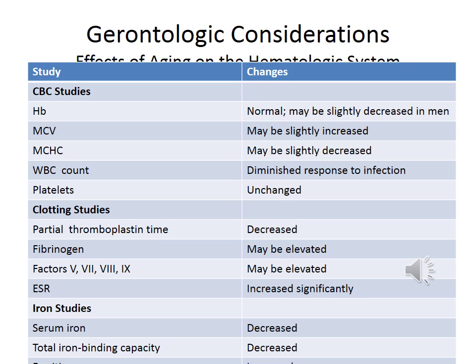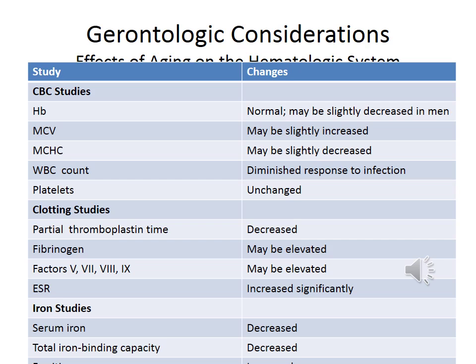The osmotic fragility of RBCs is increased in older persons. This may account for a slight increase in mean corpuscular volume, MCV, and a slight decrease in mean corpuscular hemoglobin concentration, MCHC, of erythrocytes in some older individuals.